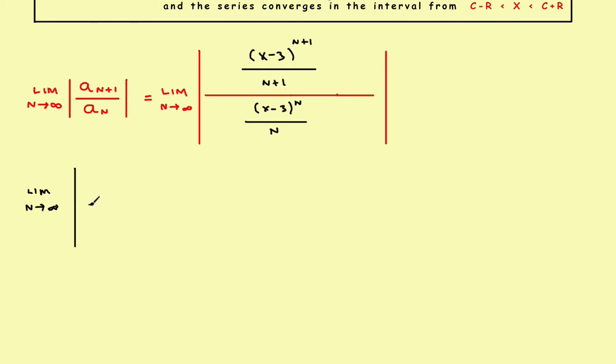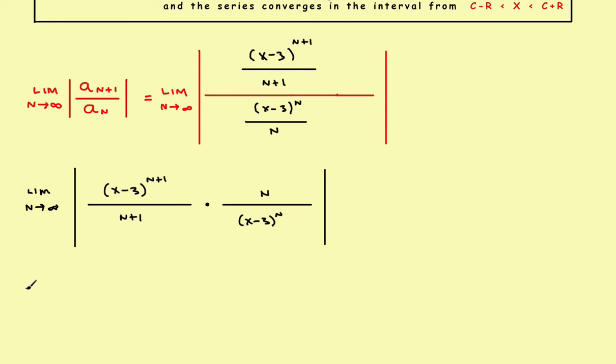So I'll go across here, and first of all, I'll write the numerator down, which is x minus 3 raised to the n plus 1 power divided by n plus 1, then times, and take the denominator and invert it and multiply it. So we'll change it from a division problem into a multiplication problem. So in the top you'll have n, and then you're going to have an x minus 3 raised to the n power, and then the whole thing is inside absolute values.